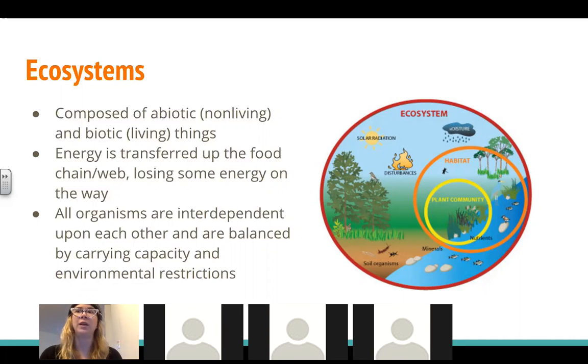Same with us. We have to eat more, well, compared to our body size, not really more, but for our body size, we have to eat a lot to get that energy. It's actually 10% is lost on each level that you go up. So it's a significant loss here.